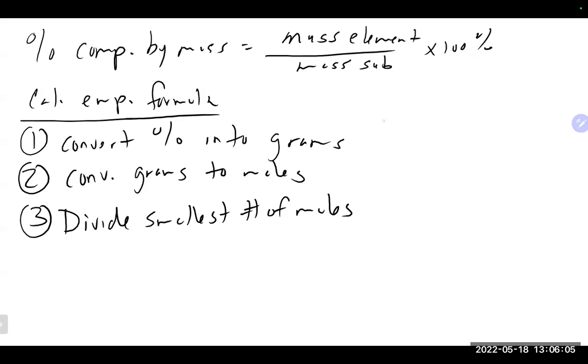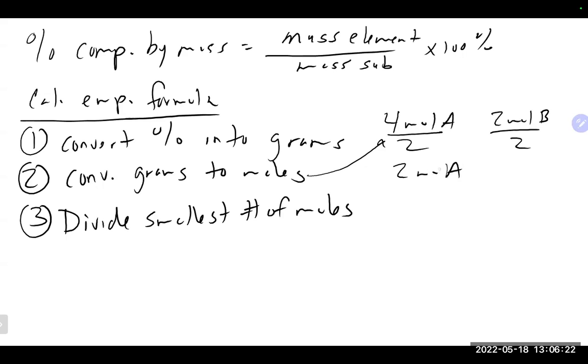So for example, if we figured out we had 4 moles of A when we did this step, and 2 moles of B, and we divide everybody by the 2, which is the smallest number, that would give us 2 moles of A and 1 mole of B, which means our empirical formula would be A2B.